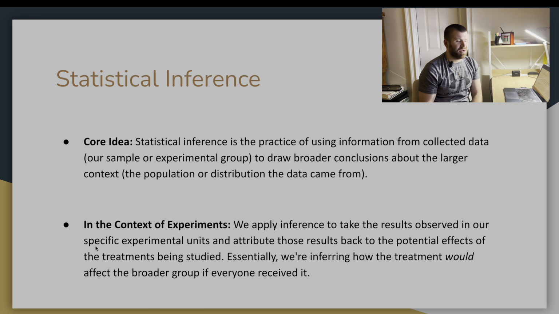Now, when we talk about inference for our purposes at this point in the course, it's just a confidence interval or a hypothesis test. Believe it or not, we can't do statistical inference on an observational study.